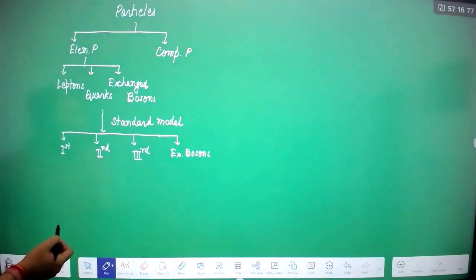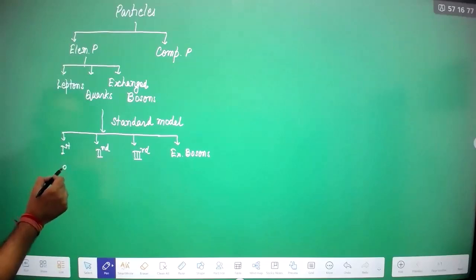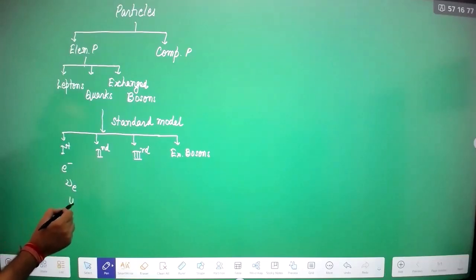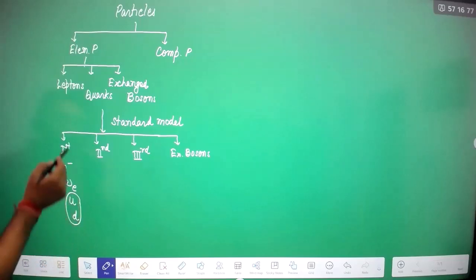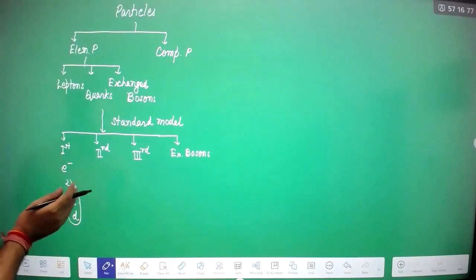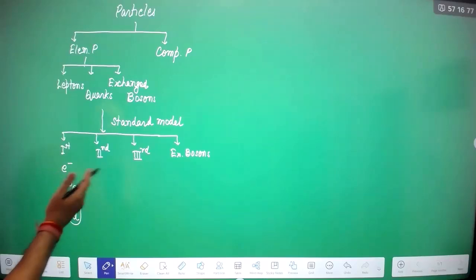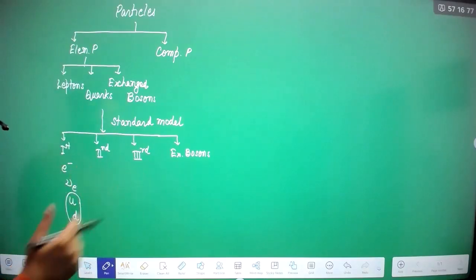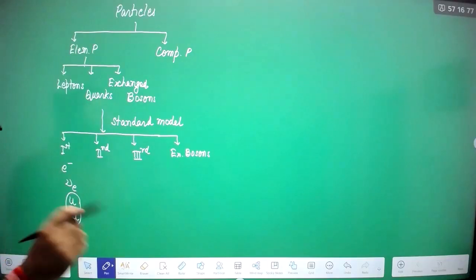In the first generation, we have the electron family, electron and electron neutrino, and two quarks, up and down. They are very stable and lighter particles. As compared to the first, the second generation is a little bit heavier, and less stable.